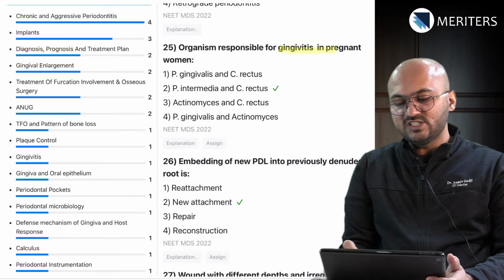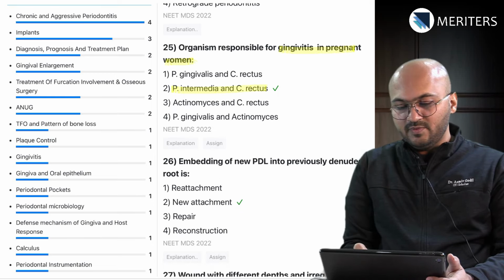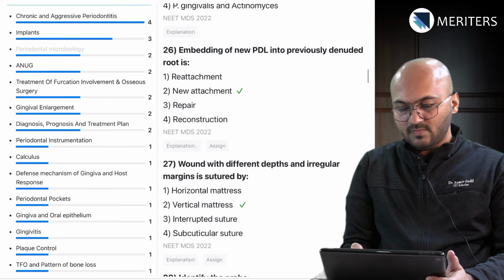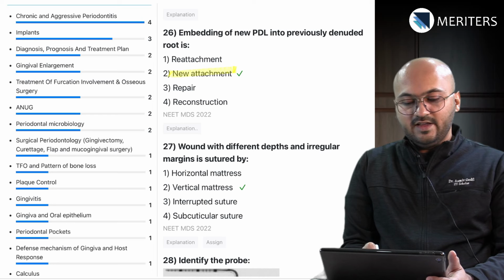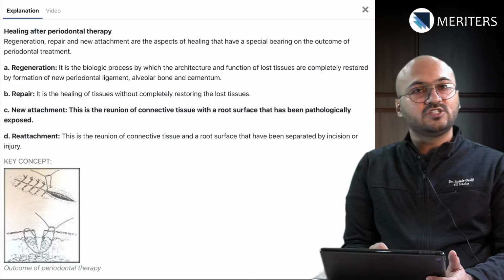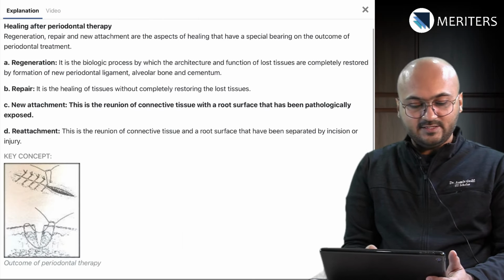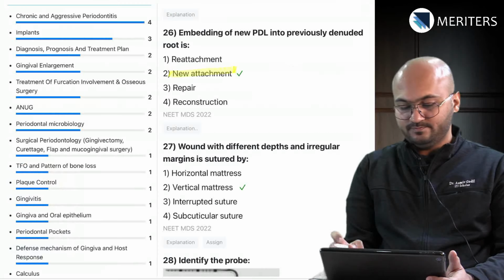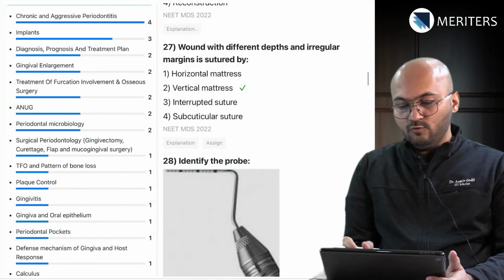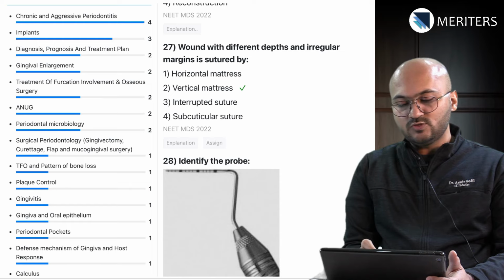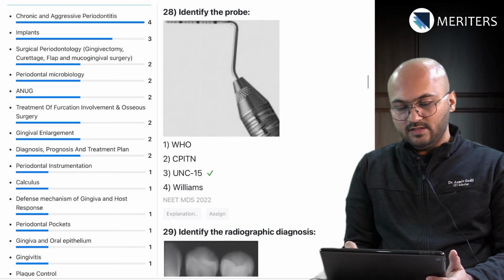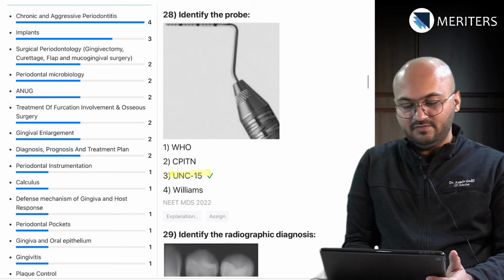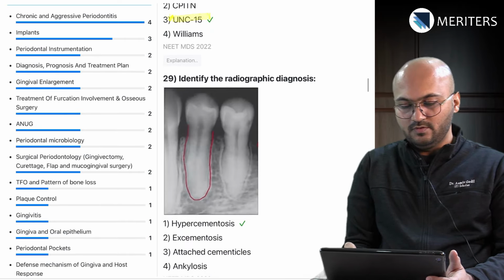Organism responsible for gingivitis in pregnant women, intermedia and rectus. The new attachment: you must get well versed with these four terminologies. They are very important. Look at the explanation and the key concept. Wound with different depths and irregular margin is sutured by vertical mattress suture. Then an image-based question of UNC 15 probe. Identify the probe.